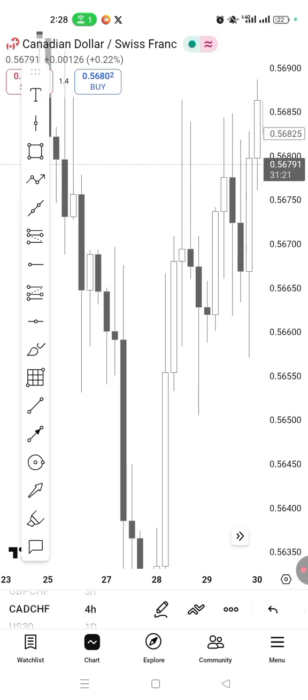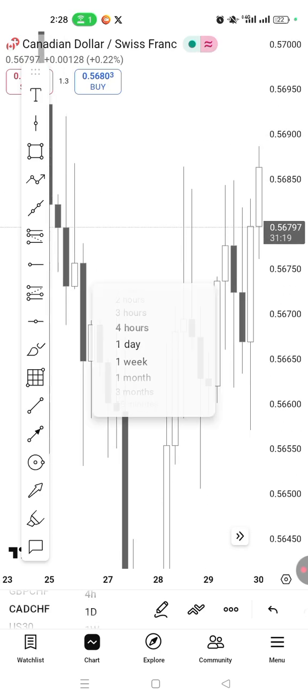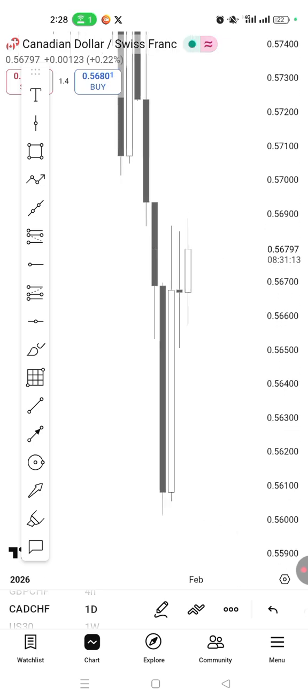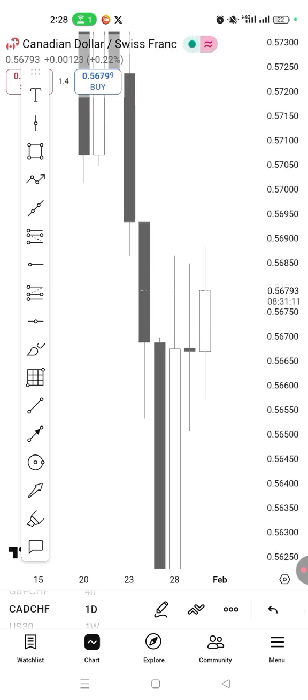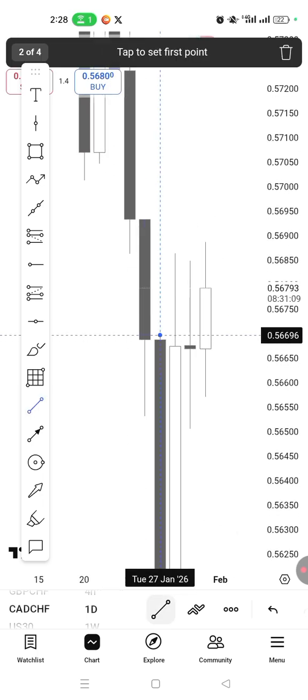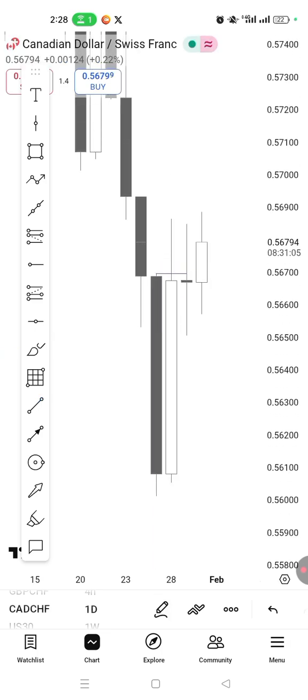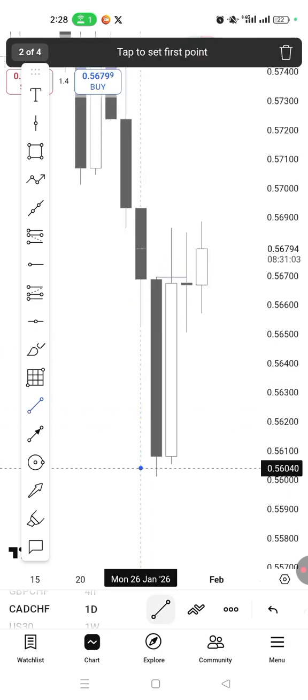Okay, now look at it. We had on daily, what do we have here? On daily we had something here. As at this day, sweep of previous day high, right? This low is still standing.